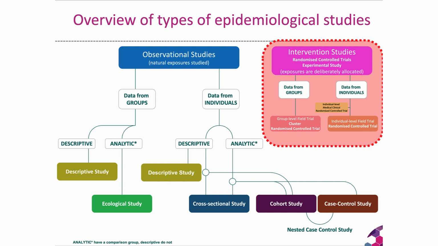It's important to note that at the group level you also collect data at the individual level, but the randomization and the initial information collection happens at the group level. These are called cluster randomized controlled trials or cluster field trials.